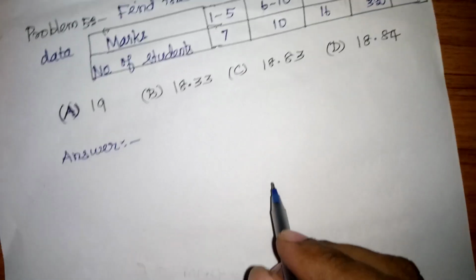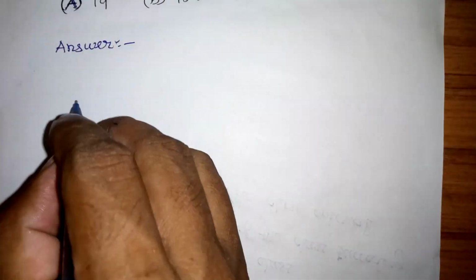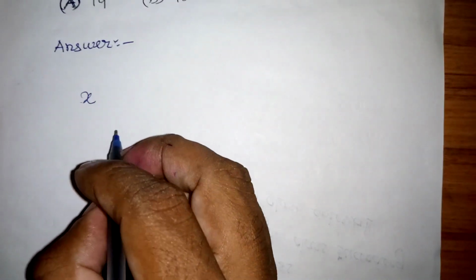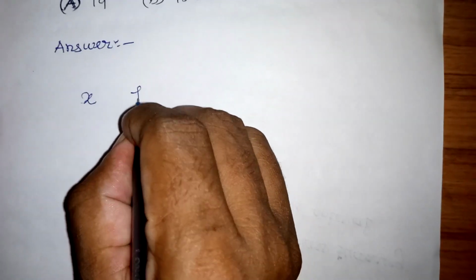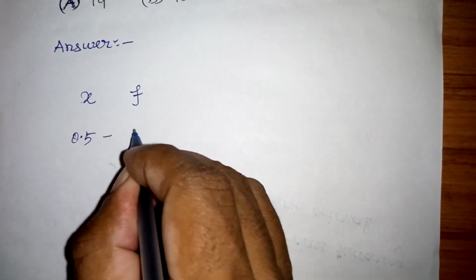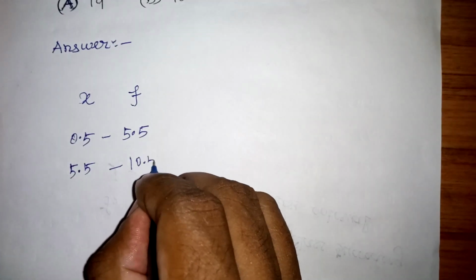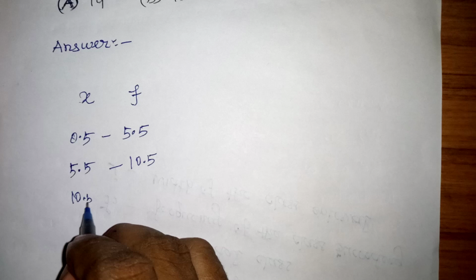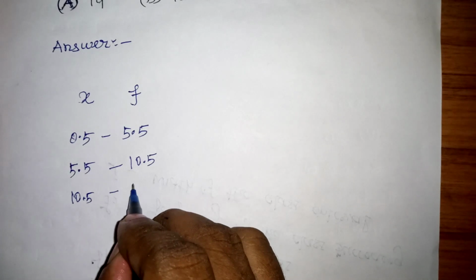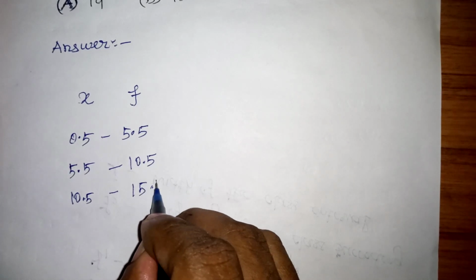Now marks x, frequency f, number of students. The interval 1 to 5: 1 minus 0.5 is 0.5, 5 plus 0.5 is 5.5. Next, 6 minus 0.5 is 5.5, 10 plus 0.5 is 10.5. Next, 10.5 to 15.5.